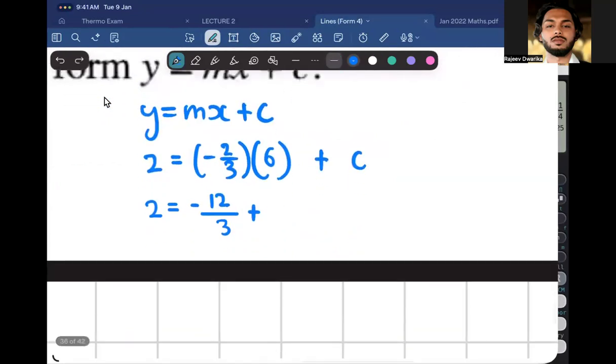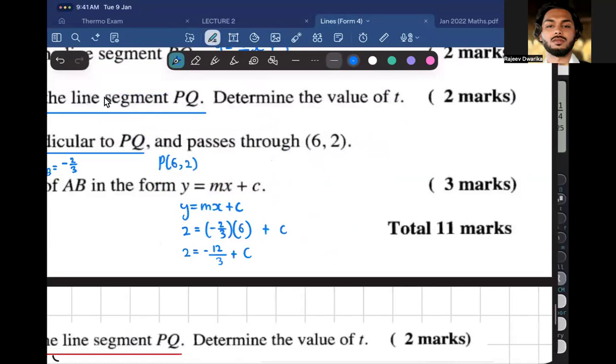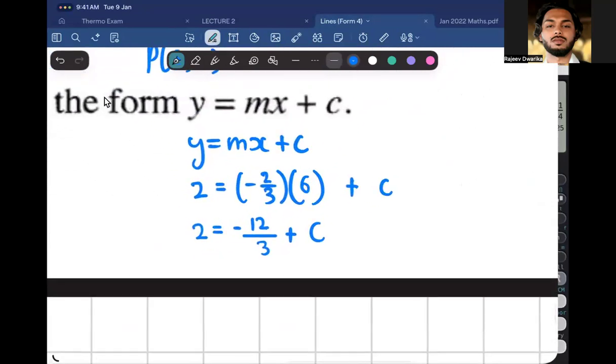What next? You'll have to move the negative 12 over 3 to where the 2 is.